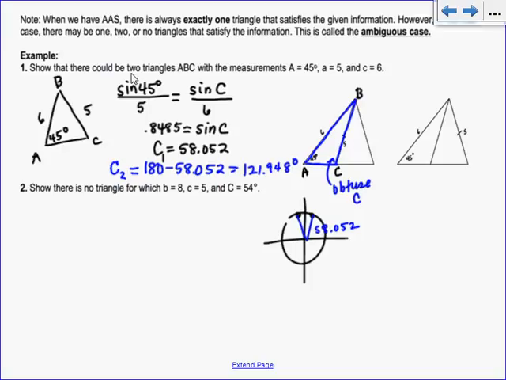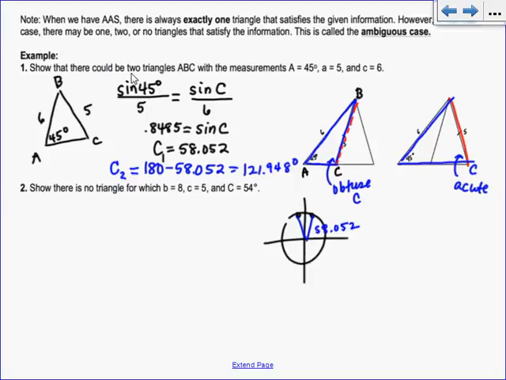But if I take this side, and it's on a hinge, and I hinge it over to here, all those other measurements are the same. I still have 5, I still have 6, I still have 45. Does that make sense? But now C is going to be an acute angle. That's what's happening. So basically this will happen when you have a small angle to begin with, and the side across from it is smaller than the side that's next to the angle. Okay, because then that side can kind of hinge over.